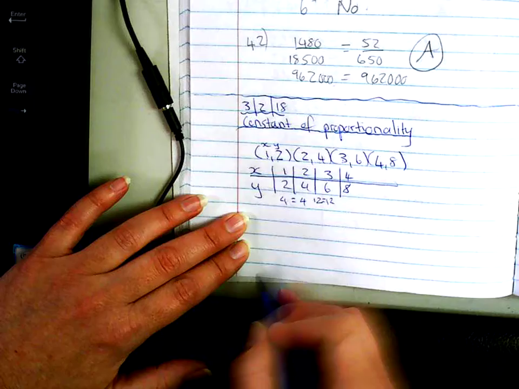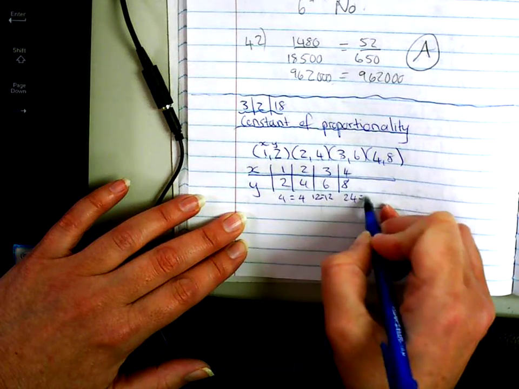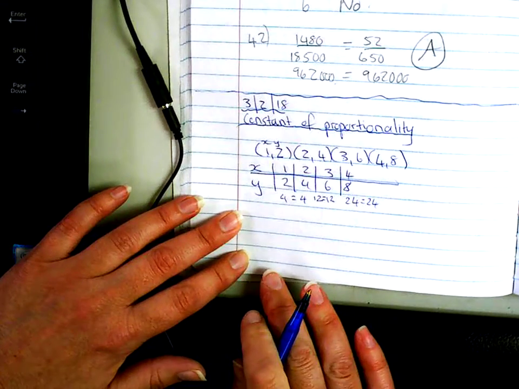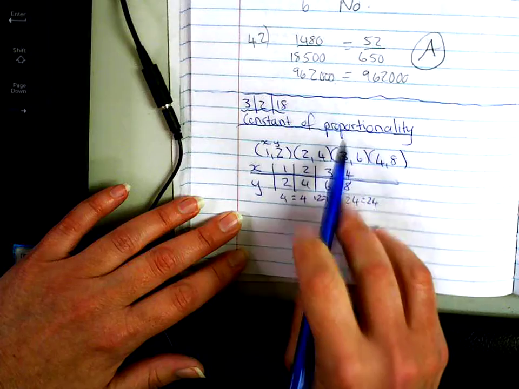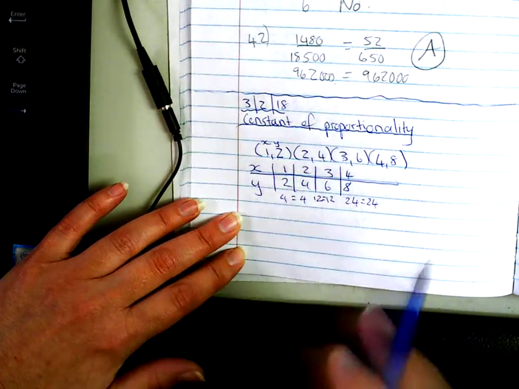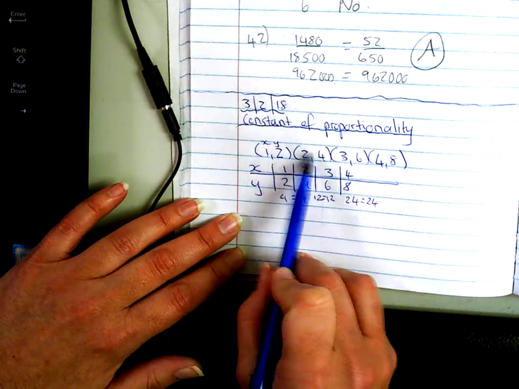Still working. 6 times 4 is 24, and 3 times 8 is also 24. So what can I say about this set of information? They are in proportion.